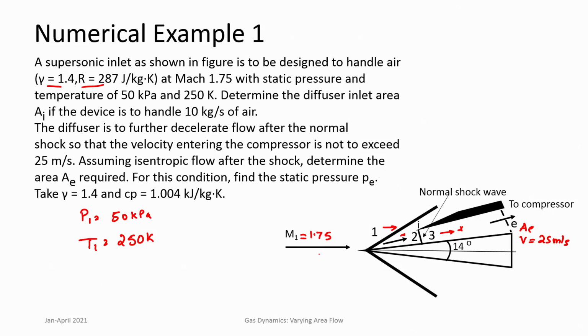In supersonic flows, since information cannot propagate from downstream to upstream, problem solving always happens in a particular direction: you go from one region to the next. So start between region 1 and 2, which is bounded by an oblique shock.